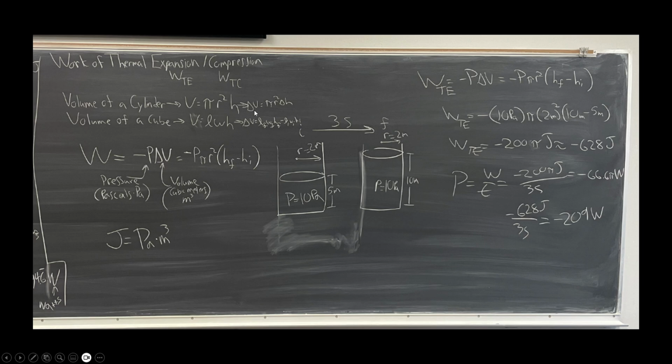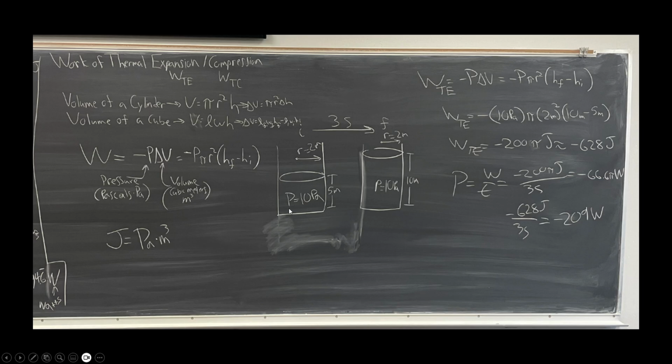Therefore, change in volume, delta V, is pi r squared delta h. For the volume of a cube, volume equals length times width times height. So the change in volume is the final length, width, height minus the initial length, width, height. LWH final minus LWH initial.